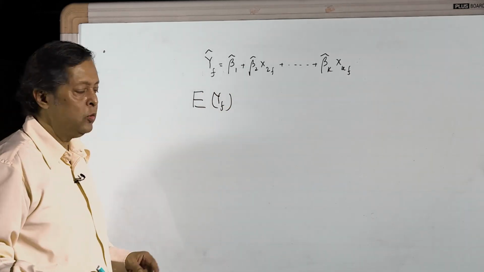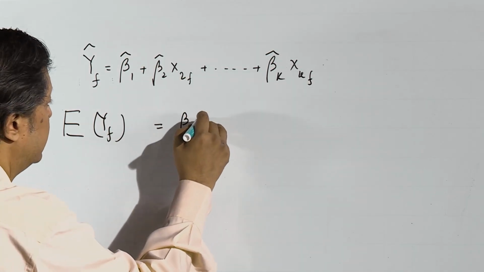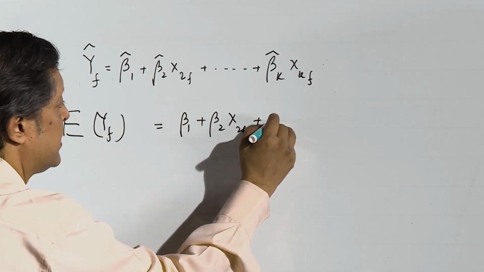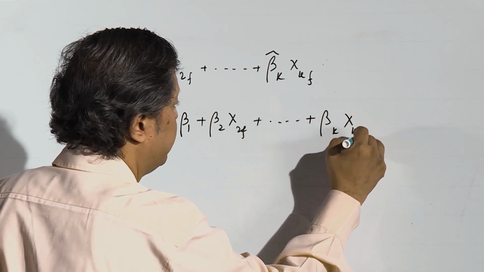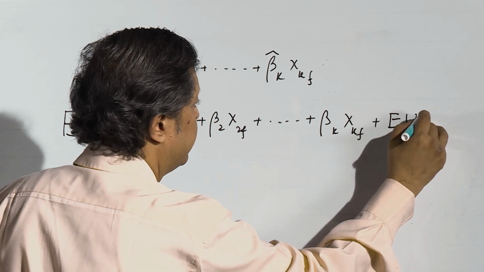So, the expected value of yf is beta 1 plus beta 2 x 2f plus up to beta k x kf plus the expectation of uf.